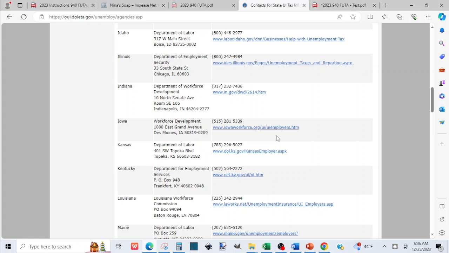Members of the LLC working in the business are treated like employees for unemployment tax purposes in Iowa, regardless of how they file tax.